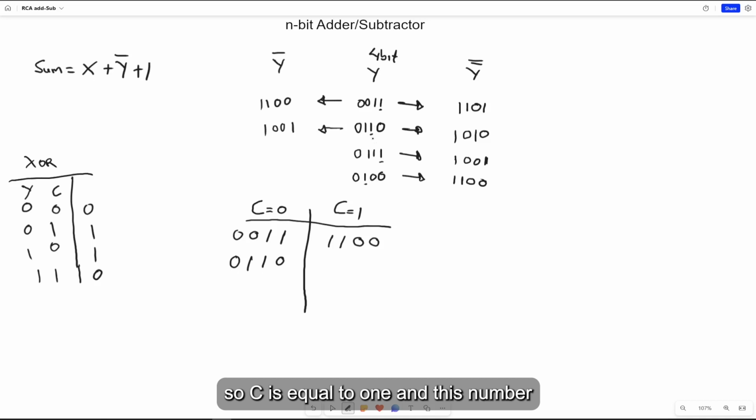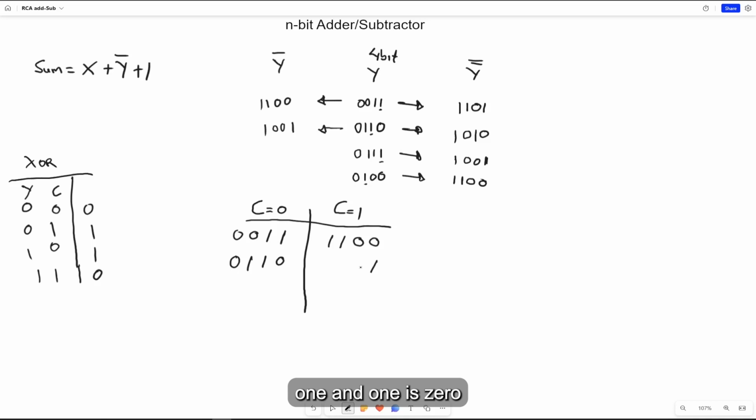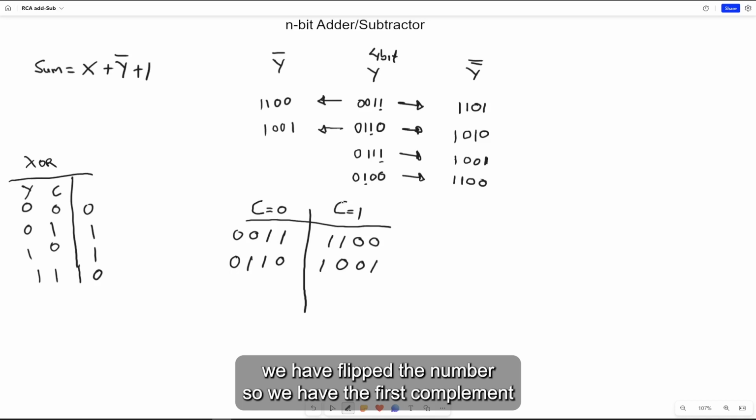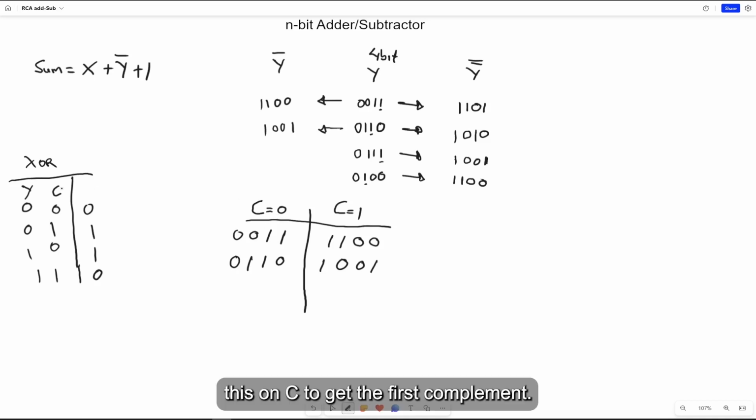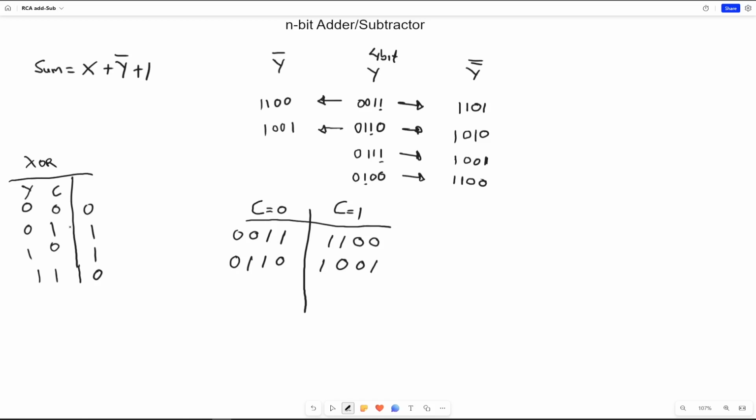So C is equal to 1, and this number here, so 0, 0 and 1, 0 and 1 is 1. Again, 1 and 1 is 0. 1 and 1 is 0. 0 and 1, 0 and 1 is 1. So you can see we have flipped the number. So we have the first complement. So we can use this on C to get the first complement.